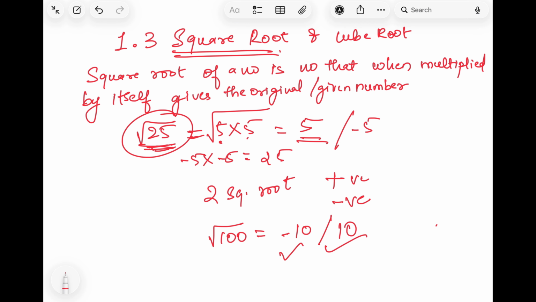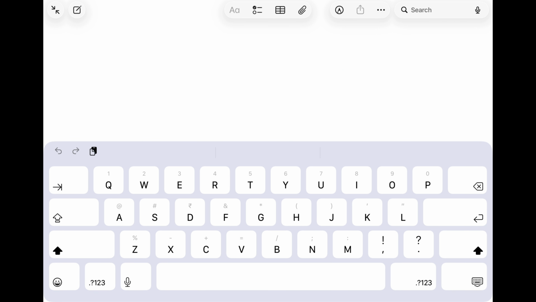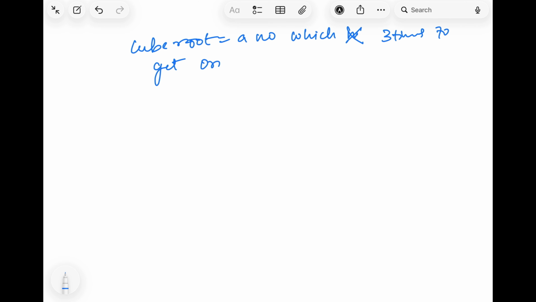Now let's move on to cube root. We will understand what is cube root now. So as in square root, we had a number which we multiplied 2 times, right? Cube root is a number which is multiplied 3 times to get the original number. So here, if the number is a, we need to multiply a 3 times and we get that number.